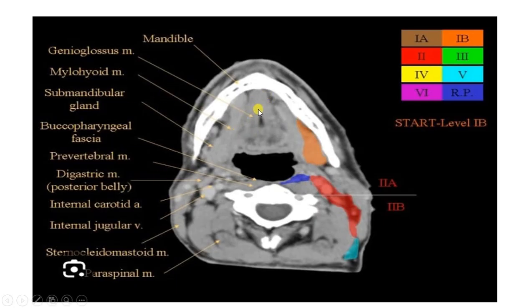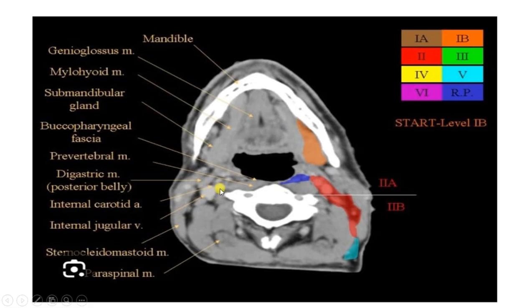This is the floor of the mouth, so this is the genioglossus muscle, this is the mylohyoid muscle, this is the hyoglossus muscle, and this is the submandibular gland, and this is the buccopharyngeal fascia, this is the vertebra, and the digastric muscle is appreciated here at the level of the sternocleidomastoid muscle behind the parotid gland, and this is the internal jugular vein.